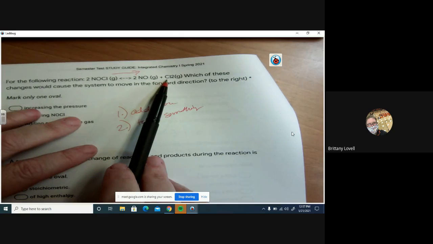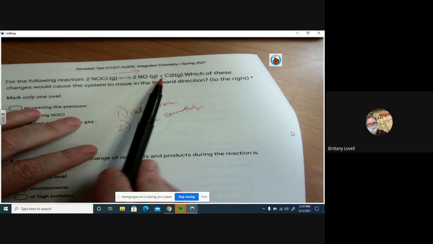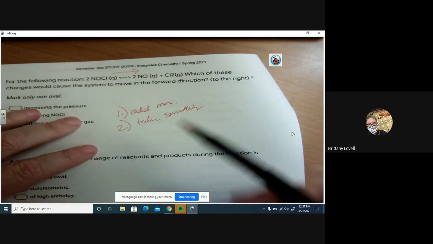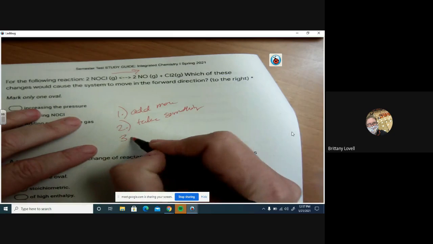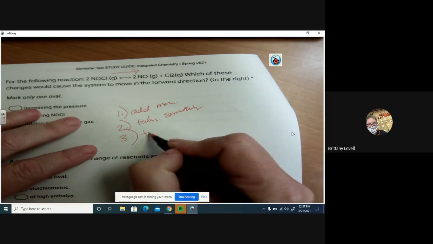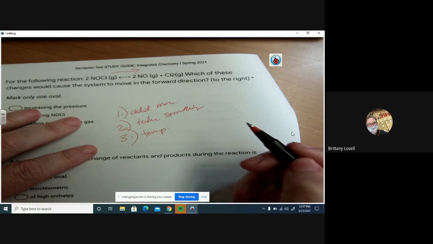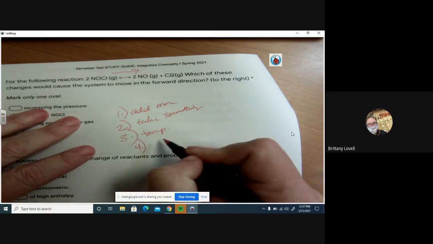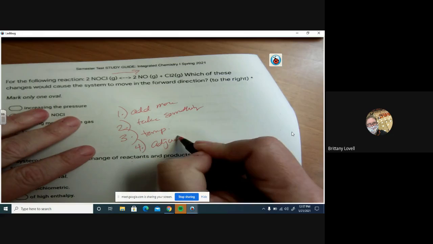You cause it to become unbalanced, so I would take something away from here to make it move in that direction and make more. Number 3, you could adjust temperature, but it doesn't give us enough information to know how to do that. And number 4, you could adjust pressure if you wanted to.